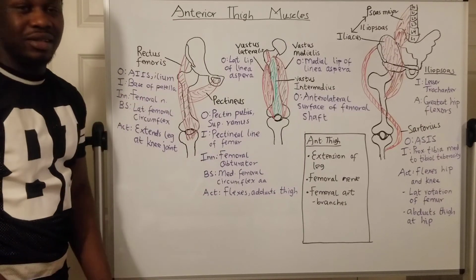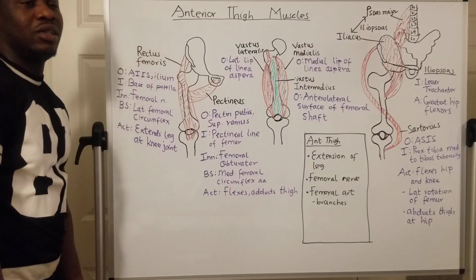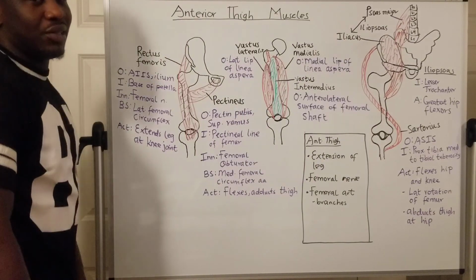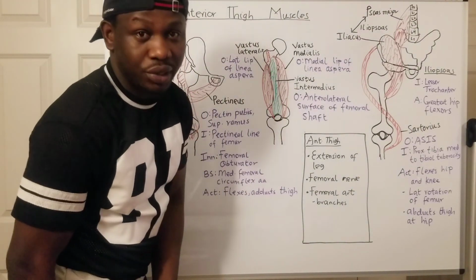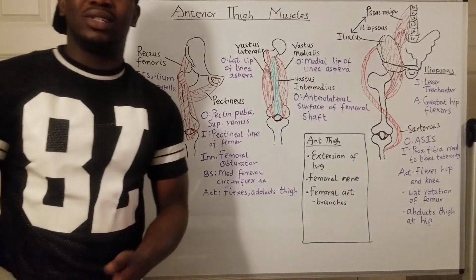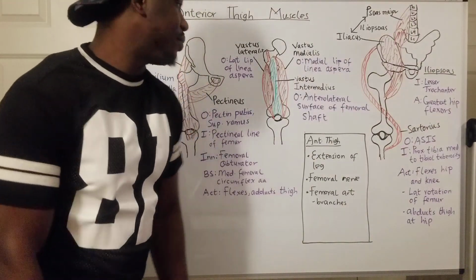And what's the action? It extends the leg at the knee joint. All the quad muscles are for extension. Just like when we do the posterior thigh, the muscles there which are known as the hamstrings, we will realize that all the muscles are for flexion, all right, of the leg at the knee joint.